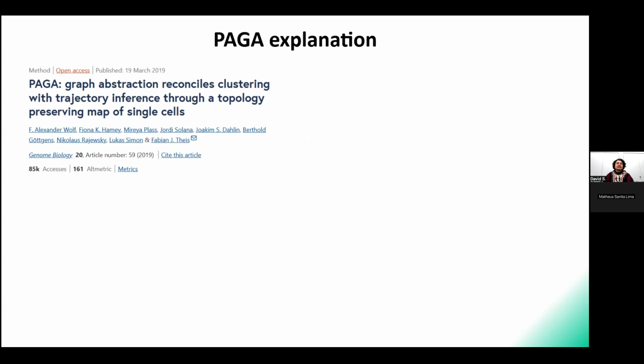One of them is PAGA, which is just a way of taking all the clusters, all the genes, all the expression data, compressing it, denoising it, and placing it in a multi-dimensional space and producing a graph, basically, that classifies all these clusters based on similarities.